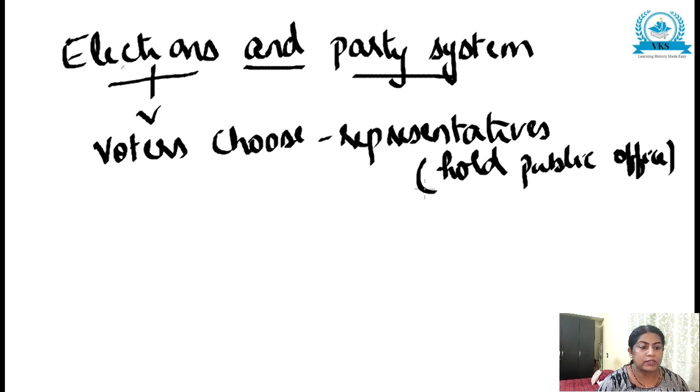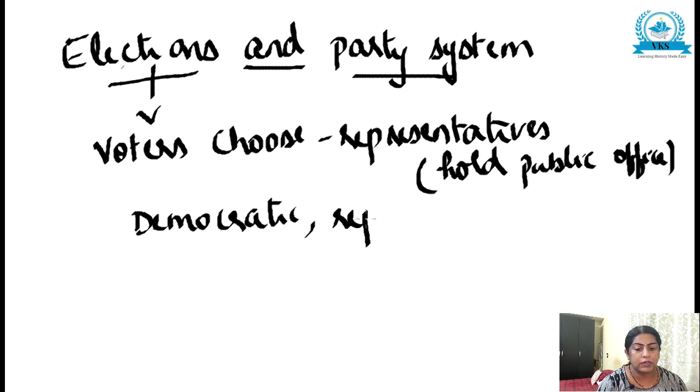So elections are the process by which voters choose their representatives to hold a public office. That is the basic definition of the word election. And it is the primary activity in forming a democratic and representative government.